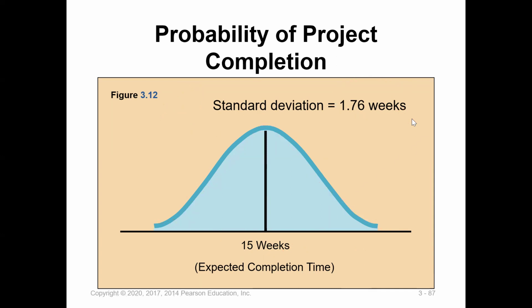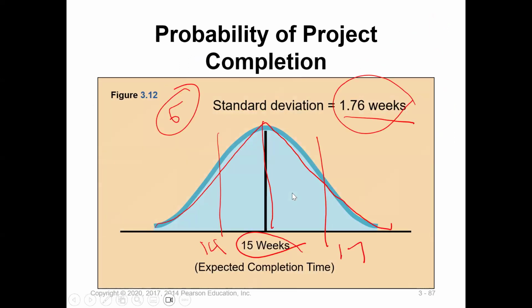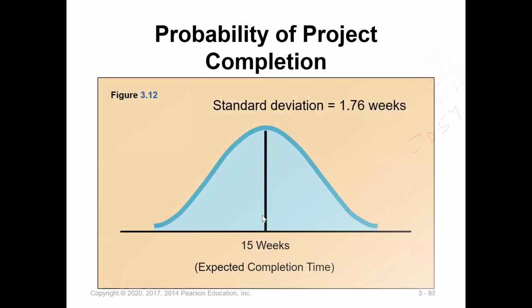Let's see how we do that. Okay. Find Z value. So what is the probability that this project can be completed on or before 14 weeks deadline? Okay, find Z, as we said, 14 is here. So the Z value for 14 is equal to 14 minus, she said 16 weeks.